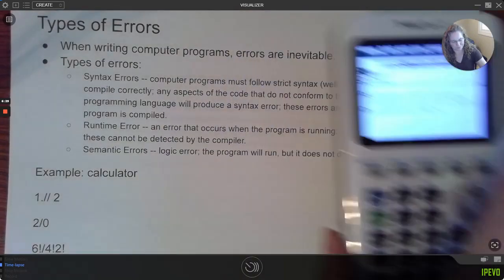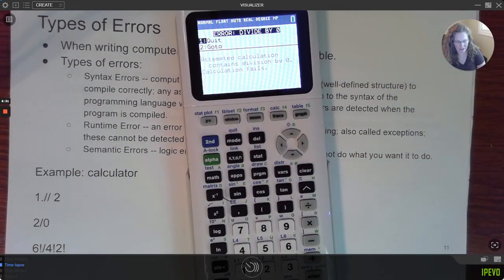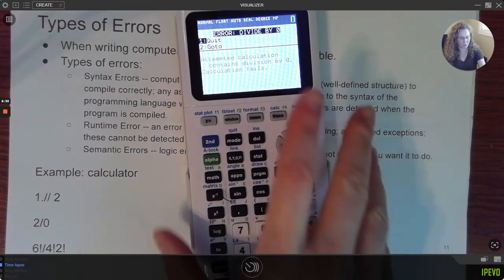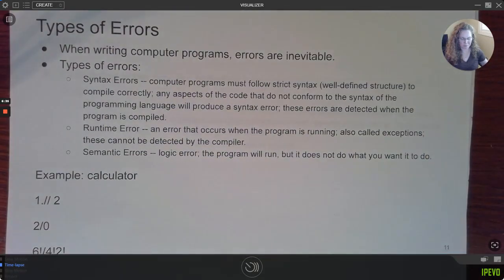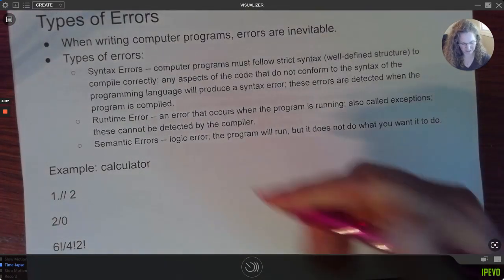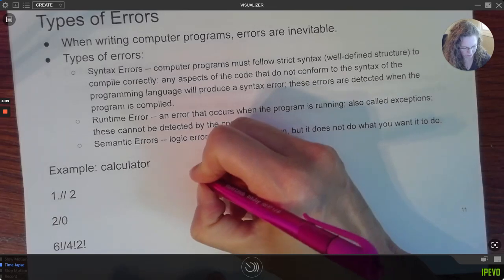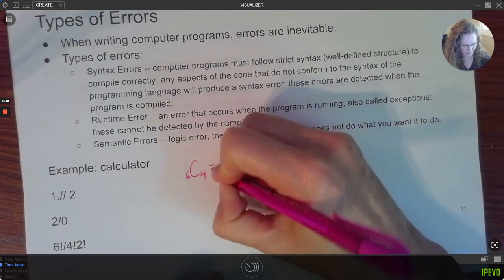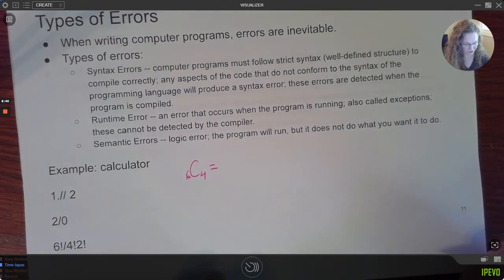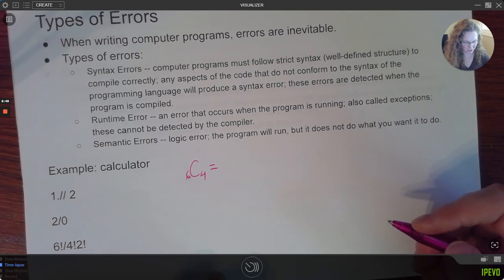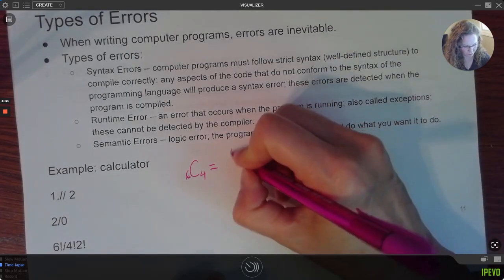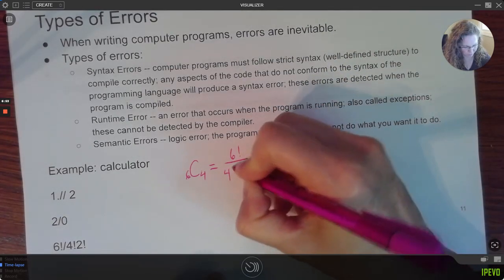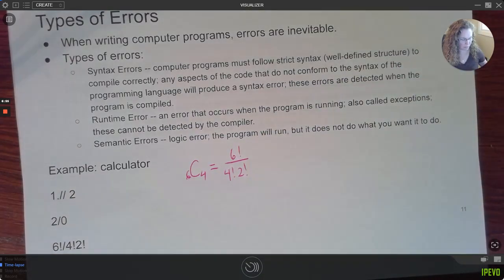And then this last one is one that I see often with math students. Let's say you're doing a problem and you need to do 6 choose 4. If you need to use the definition, using the formula for 6 choose 4, you would do 6 factorial over 4 factorial times 2 factorial.